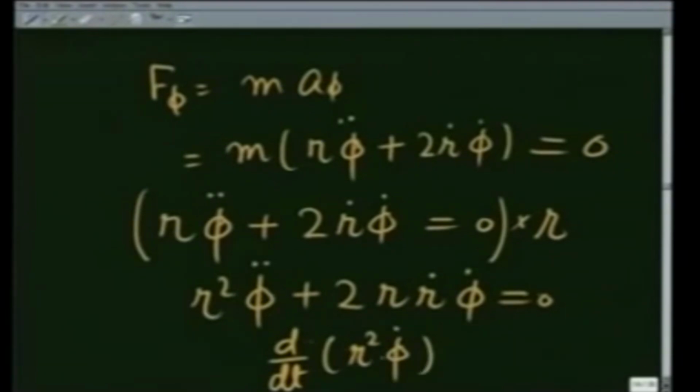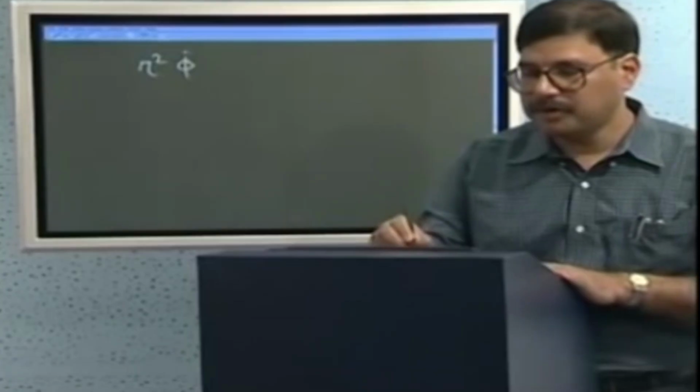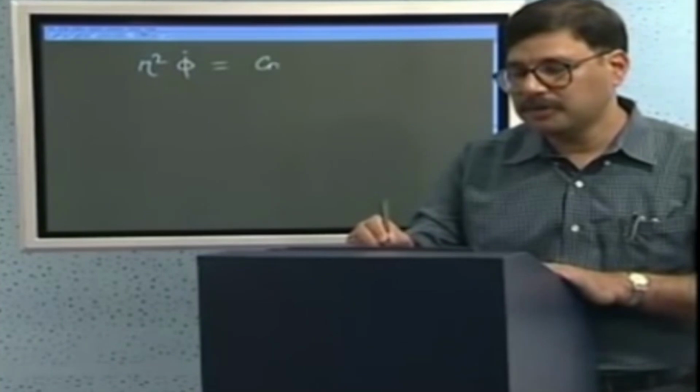The first term gives you r square phi double dot, the second term gives you 2 r r dot, and this is equal to 0. Since the derivative of r square phi dot is 0, r square phi dot is a constant.